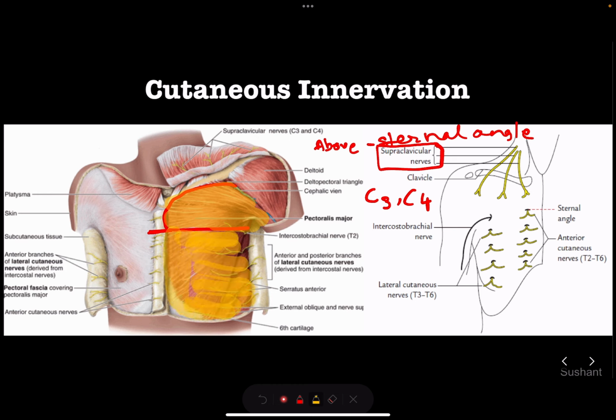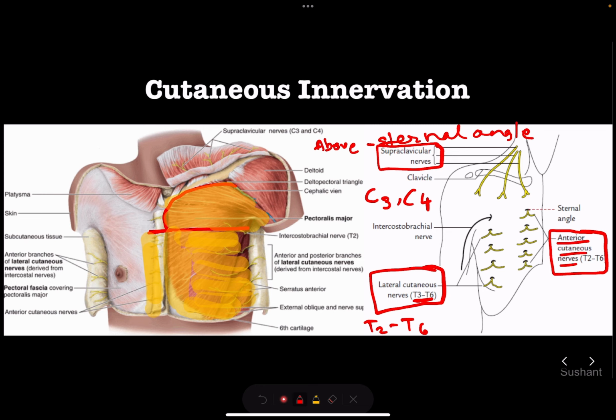Below the sternal angle, the cutaneous innervation is provided by anterior and lateral cutaneous branches of the second to sixth thoracic spinal nerves. Anteriorly we have T2 to T6, and laterally we have the lateral cutaneous nerves from T3 to T6.